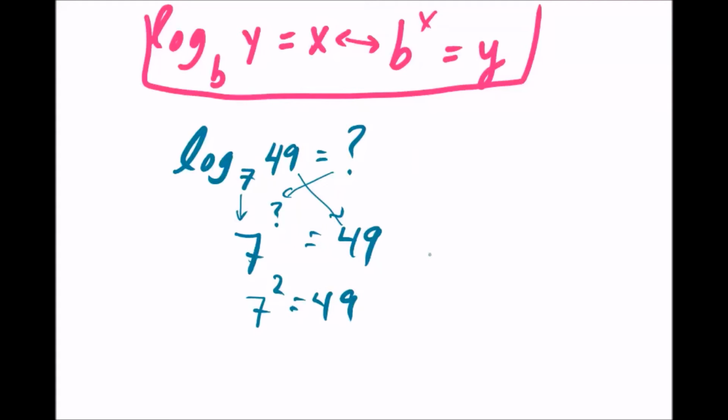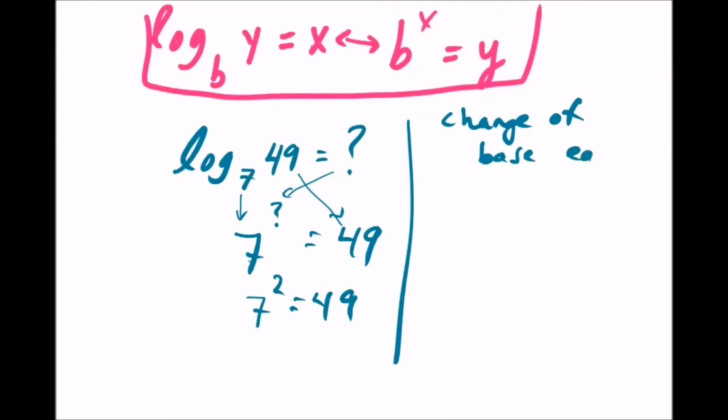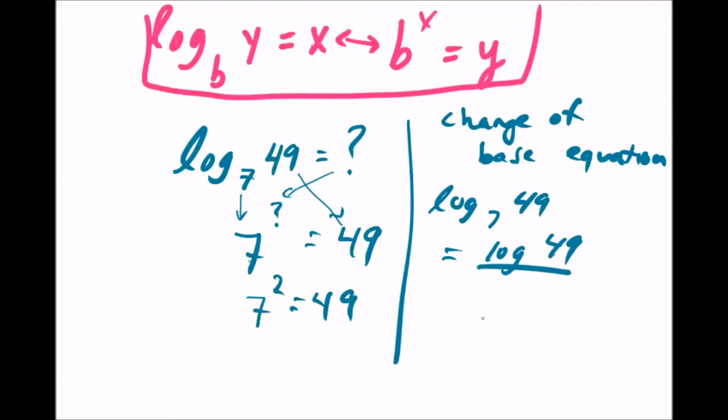However, there is a way to cheat and use the calculator. We call this the change of base equation. And I'll show you what to do. If it says find log base 7 of 49 without a calculator, you say, I'm going to use a calculator, and I'm going to rewrite it like this. You write log 49 divided by log 7.